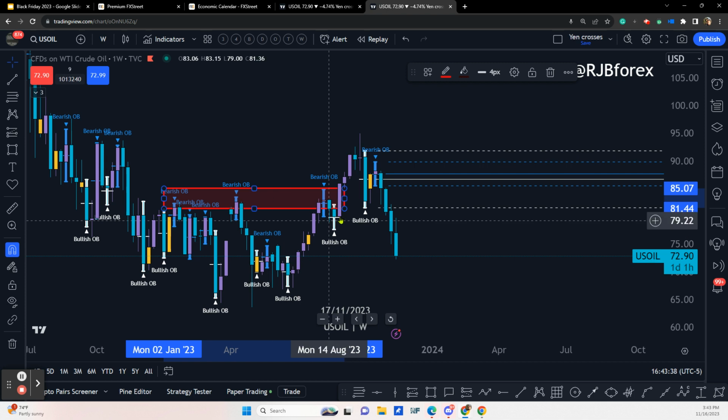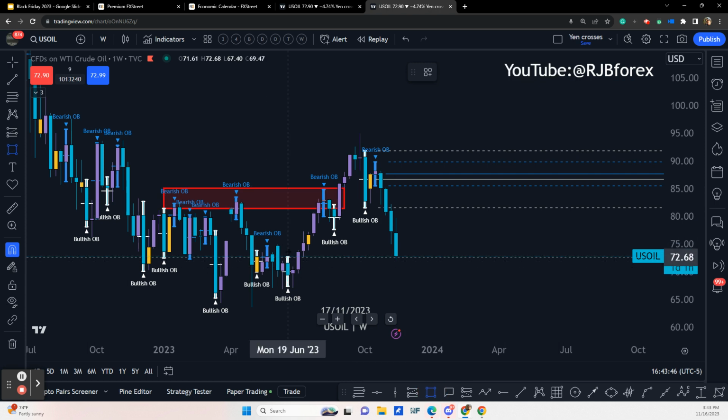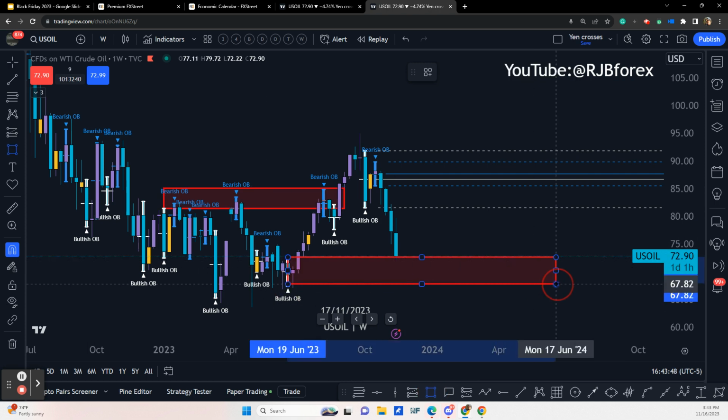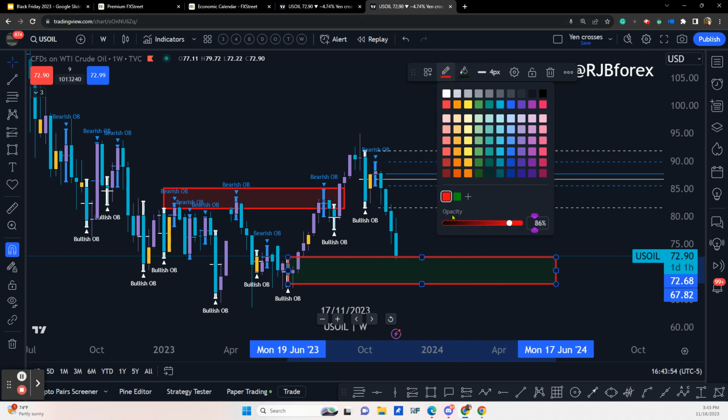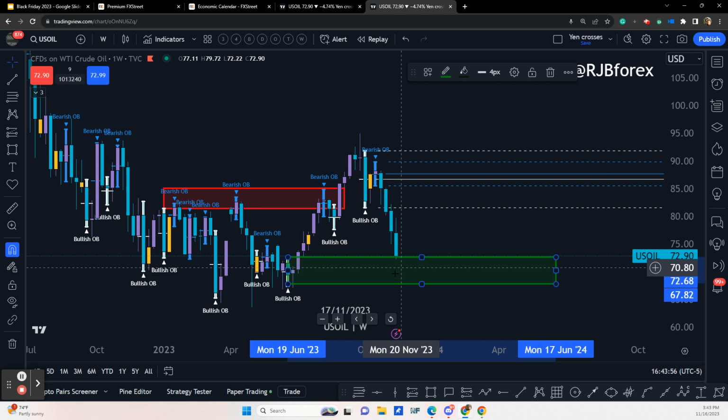So I'd expect, given that it broke that resistance area, the origin to be a firm support, right? So we're coming into potentially a firm area of support. So therefore, same thing. I'm looking for levels and how will the price react to the level.